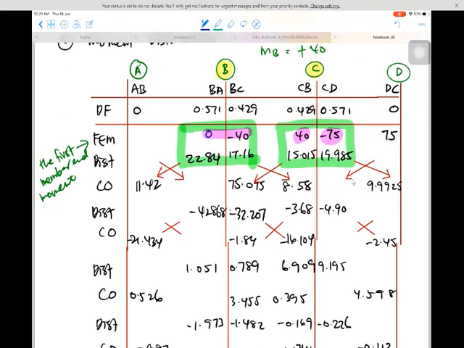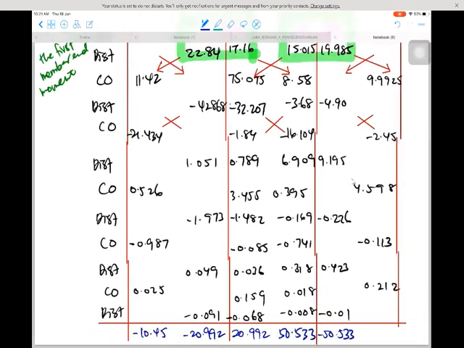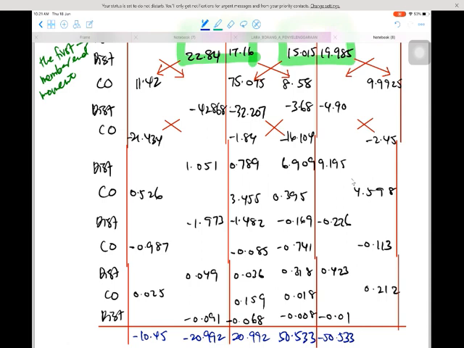And for the last value, for DC, it is 75 plus 9.9925 minus 2.45 plus 4.598 minus 0.113 plus 0.212. So we get 87.240.